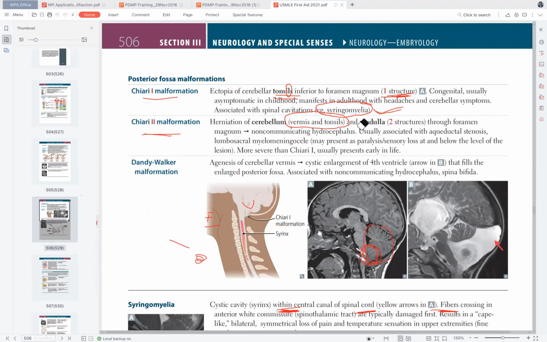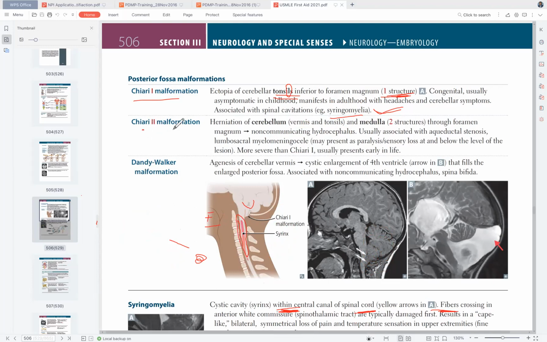Okay. So the associations are very important. You want to remember it. Very, very important. So Chiari one, syringomyelia. I remember it by just picturing this. It's a hole, and this whole thing is writing one, right? It's like it takes a shape of one inside the spinal cord. So Chiari one, syringomyelia.